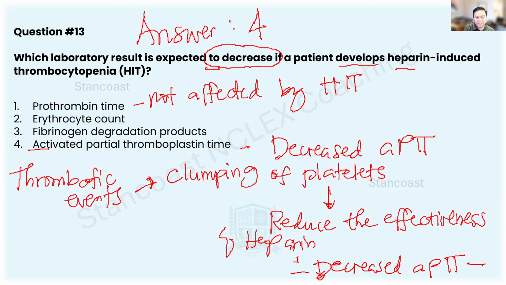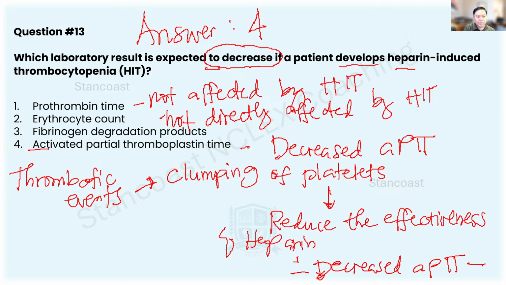It's not expected. What about erythrocyte count? Well, we know that the RBC count reflects the number of red blood cells in the blood, but it's not going to be directly affected by HIT as well.